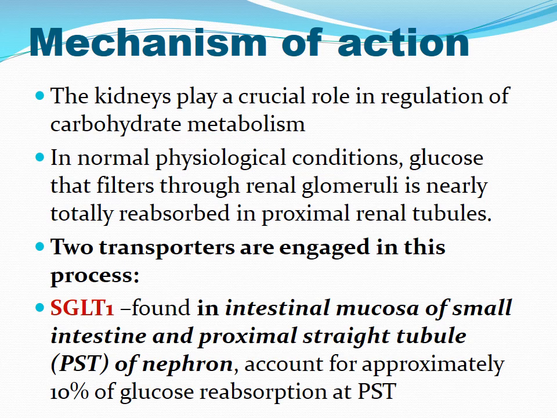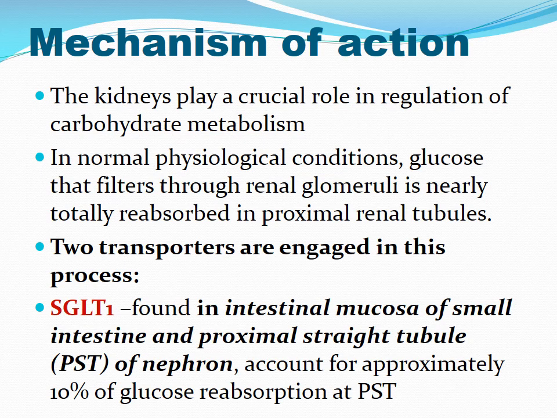In normal physiological condition, glucose that filters through renal glomeruli is nearly totally reabsorbed in the proximal renal tubule. Two transporters are engaged in this process. That's reabsorption of glucose.